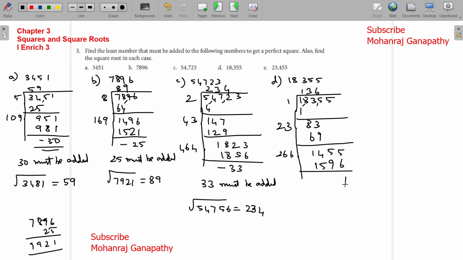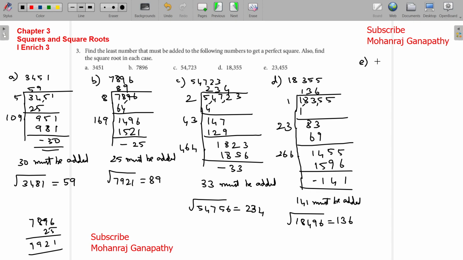So 141, minus 141 is the remainder. We need to add 141. 141 must be added. Square root of 18496 is equal to 136.